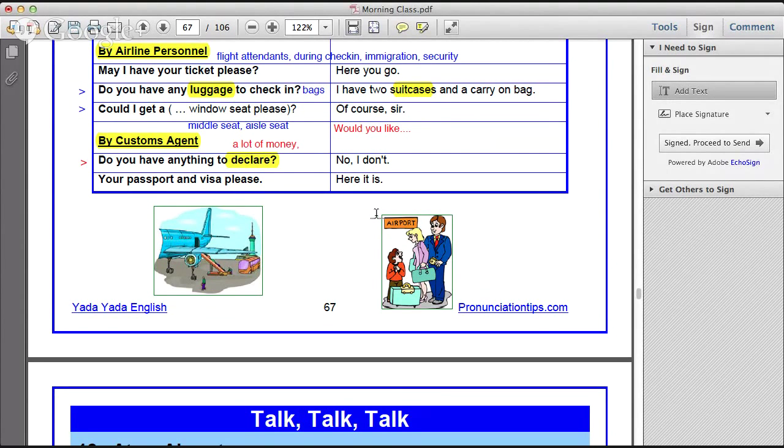Items that you've purchased, and items that are prohibited, like seeds or milk, some kind of food products, fruit as well. They check for those things. Okay, you're right.